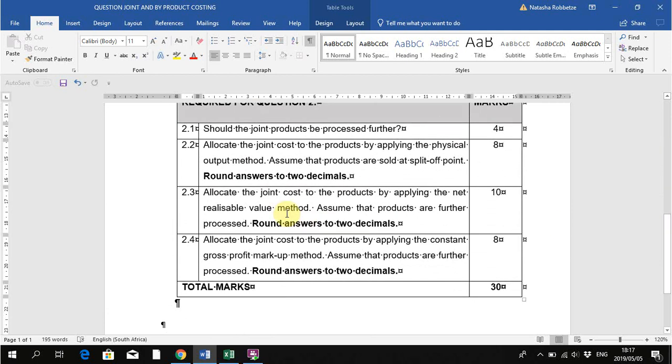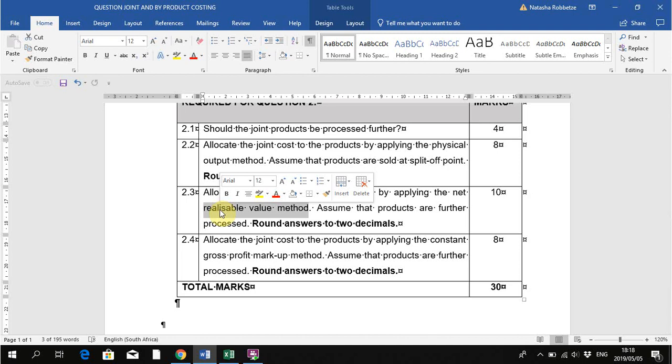Then in 2.3, it says allocate the joint cost to the product by applying the net realizable value. Assume that the products are further processed. So to apply this method called net realizable value, you must opt to further process the product. Otherwise, this method cannot be applied. And then in 2.4, allocate the joint cost to the product by using the constant gross profit markup method.